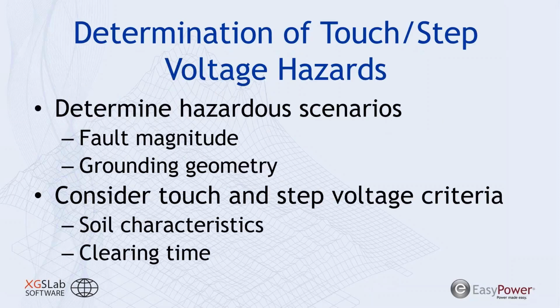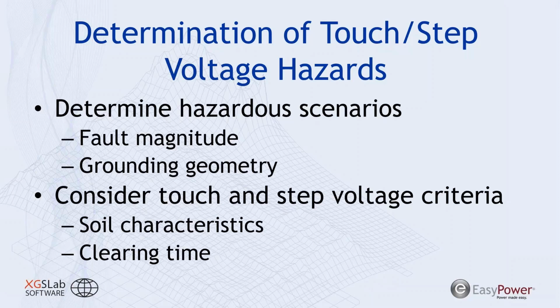So now that I've understood my soil characteristics, I have a grasp of the fault magnitude and clearing times, and I understand where my limitations are, or where I may need to implement some engineering judgment based off my software limitations, we can start determining some hazardous scenarios.